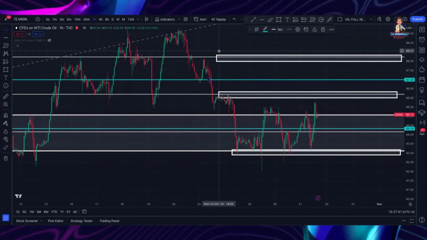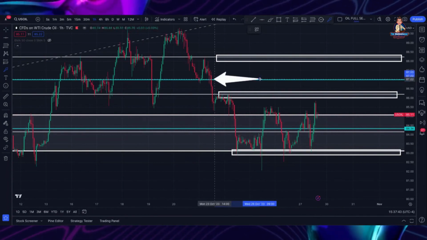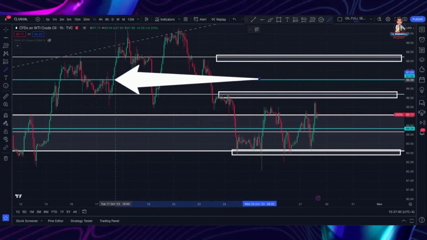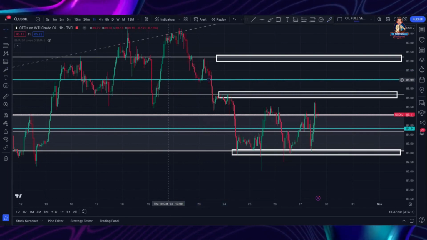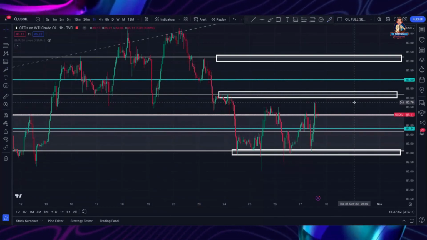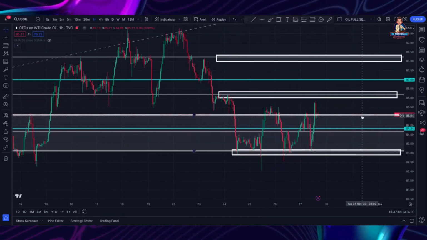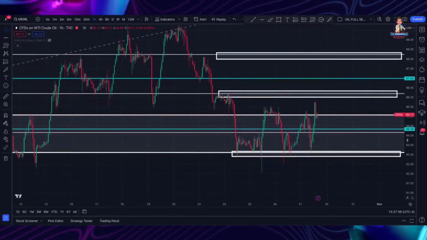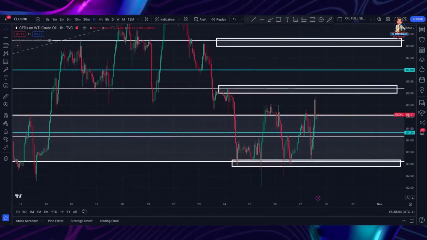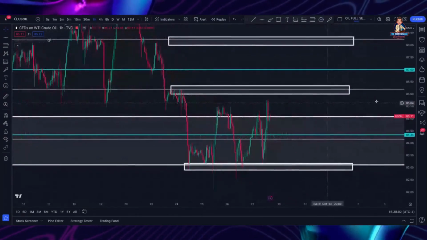And as you can see here, the whole numbers act as support and resistance most of the time when it comes to crude oil. So your 87, your 88, your 86, your 85s, your 84s, all those should be key areas that you should be looking at when it comes to support and resistance.